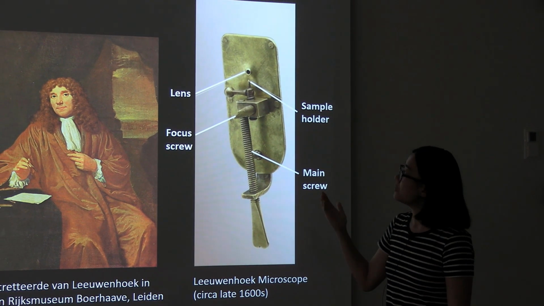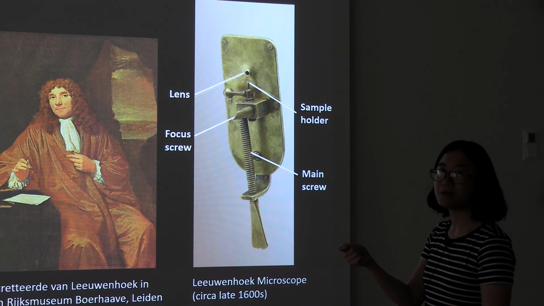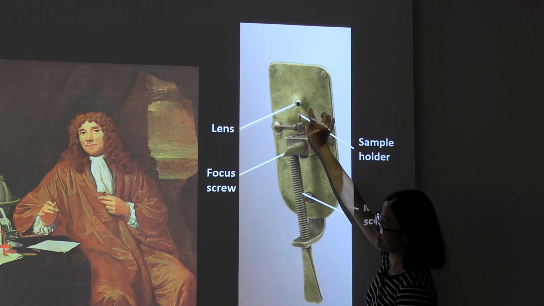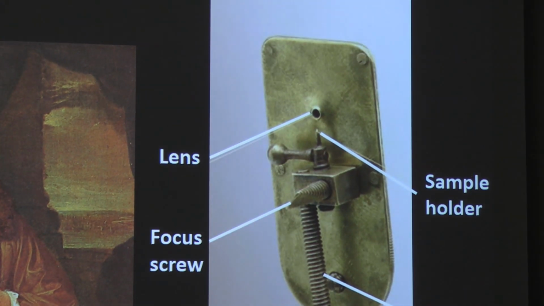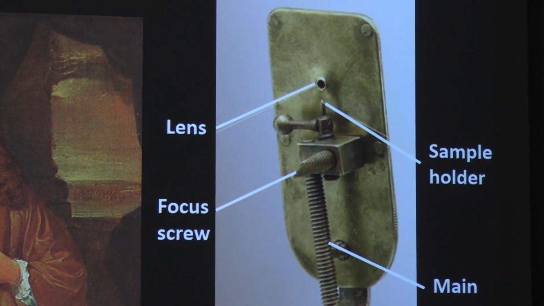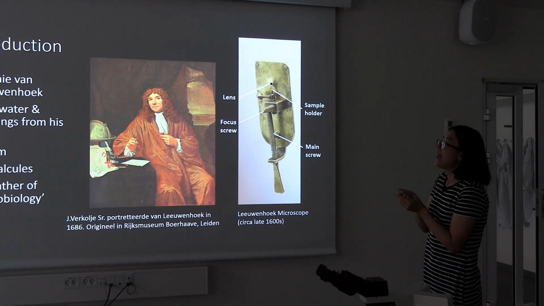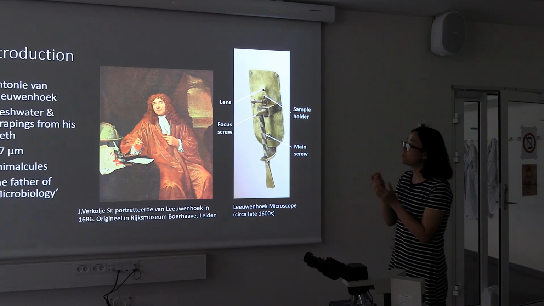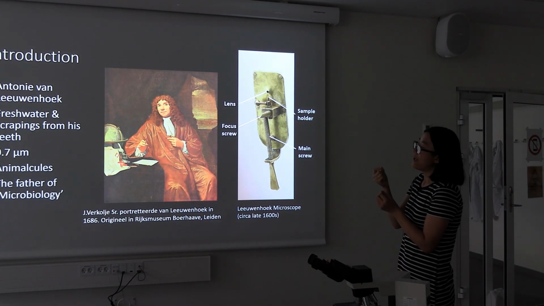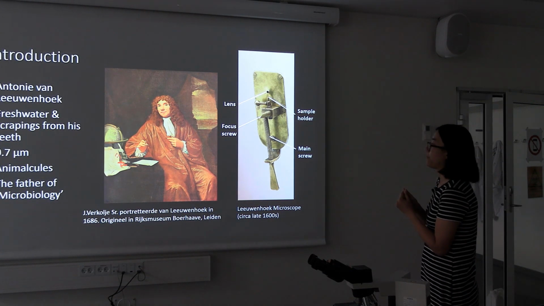It's very easy to carry these instruments into nature, try to find some samples, and observe through the single lens here. So he used these instruments to observe fresh water, what's inside the fresh water. And also, he tried scraping something from the teeth and observing it with this microscope.